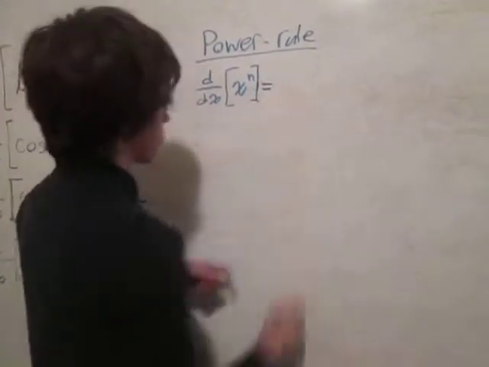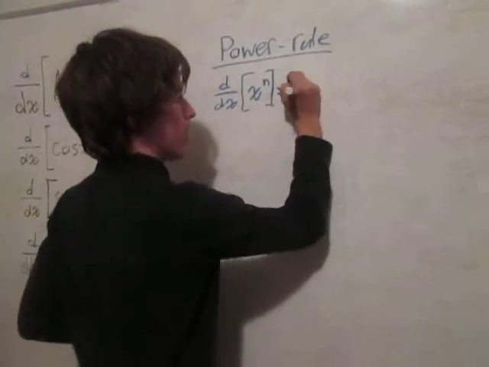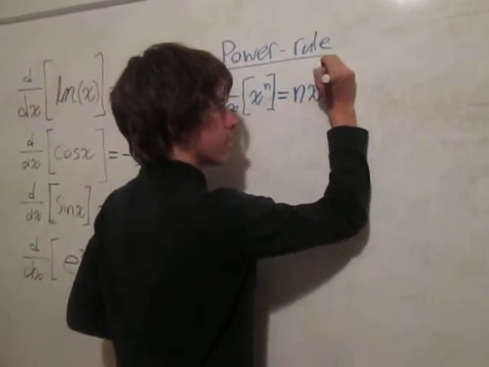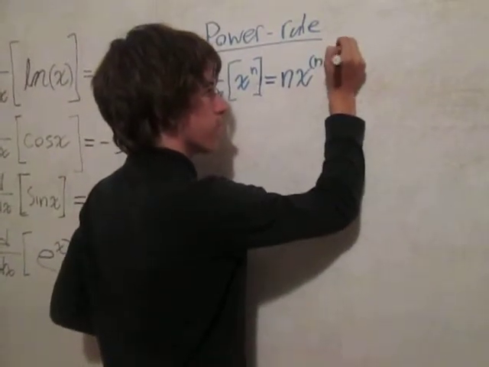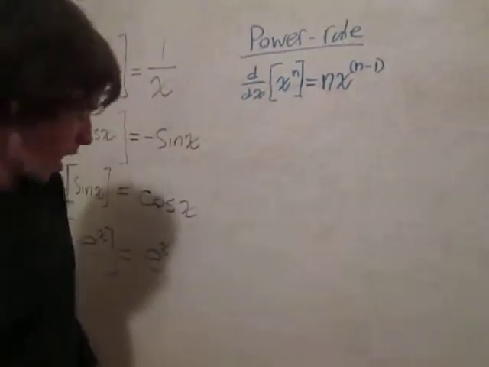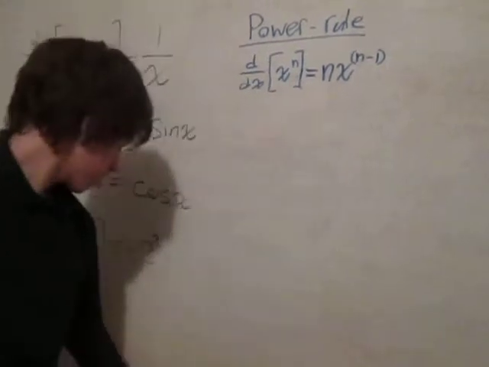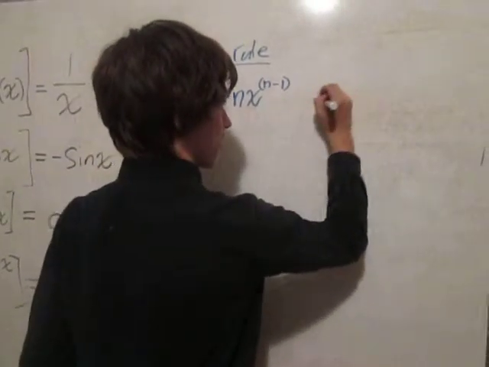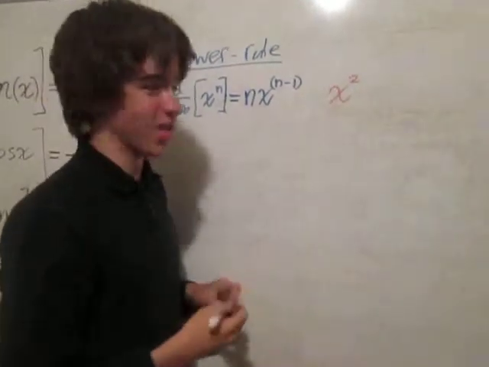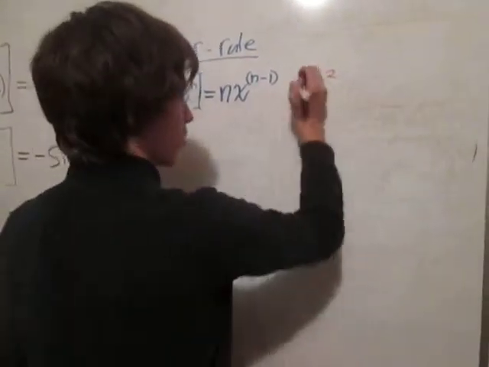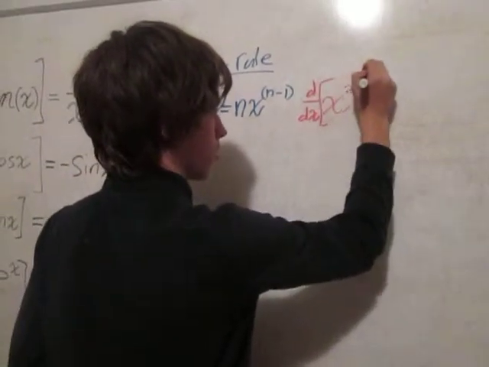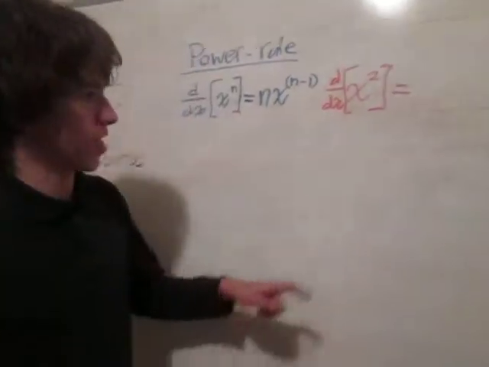And that would be equal to, like we just said, n times x to the n minus 1 power. And an example, let's use red again. X squared, like we did before using the other method, we found a derivative of, and that derivative was equal to, let's see, 2x.